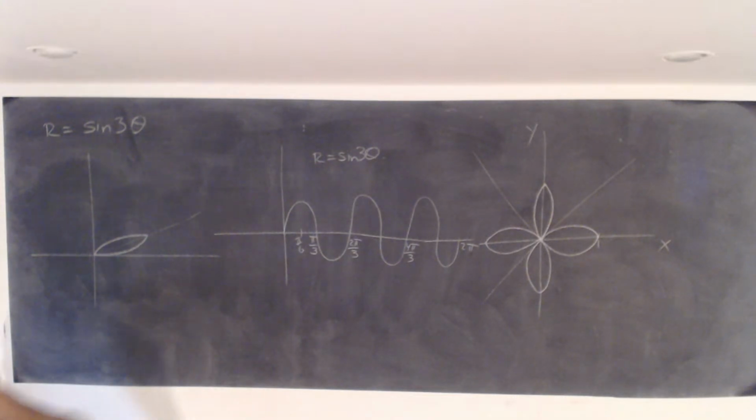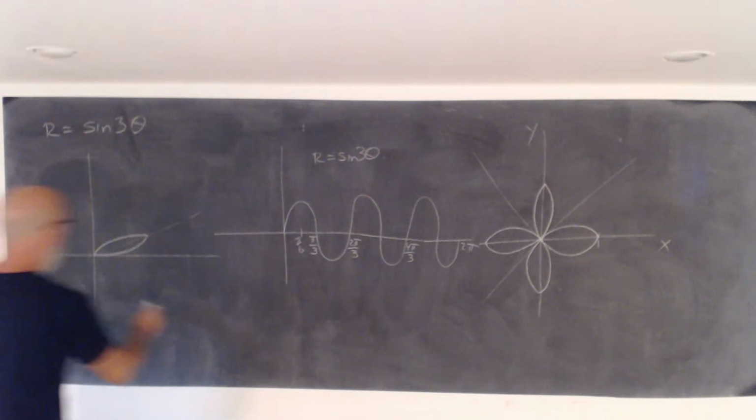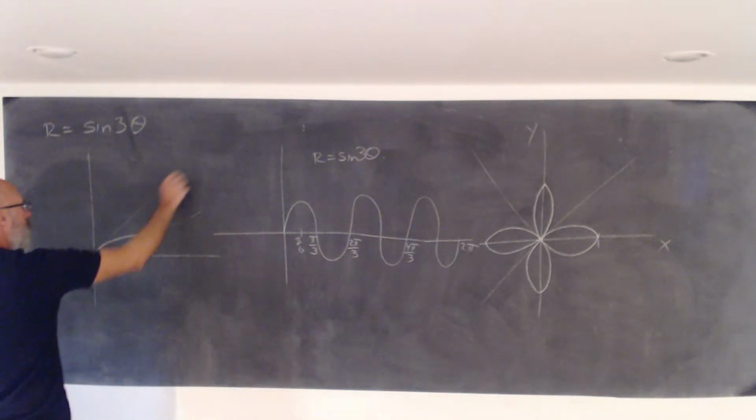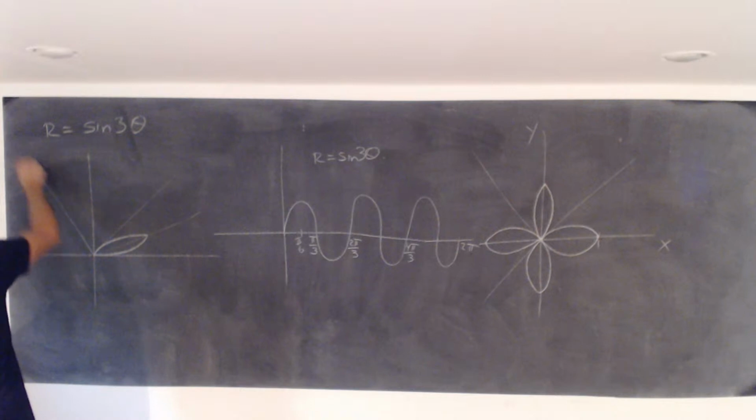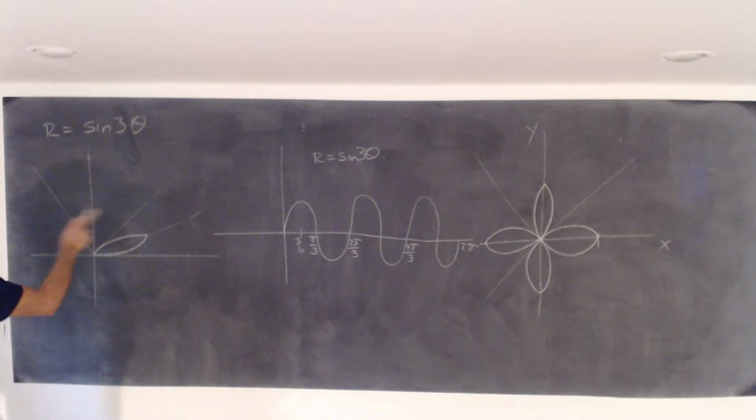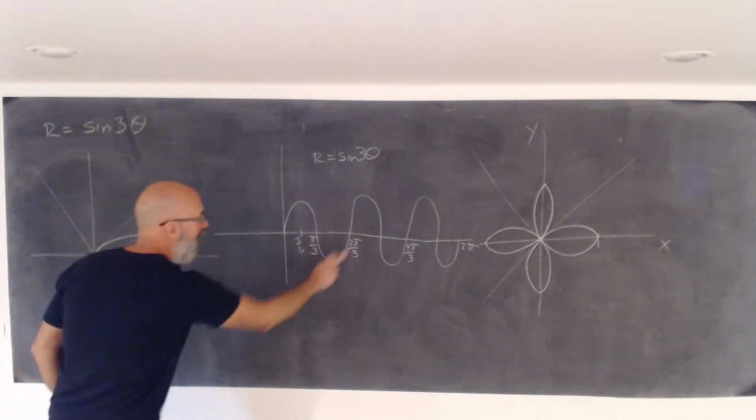And then between pi over 3 and 2 pi over 3, right? So pi over 3 is here, 2 pi over 3 is here. In this region, sine is negative.